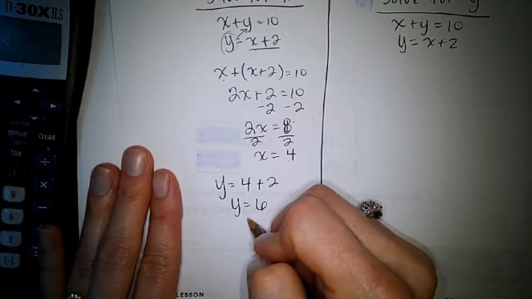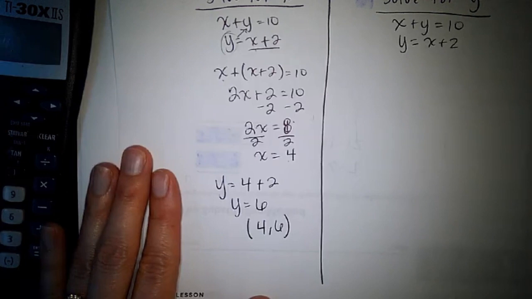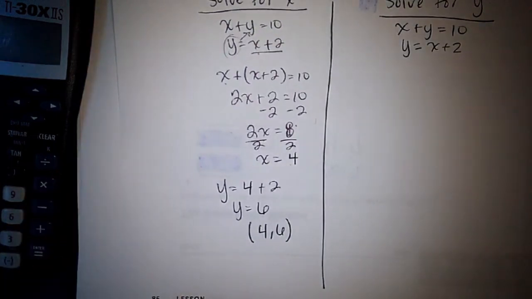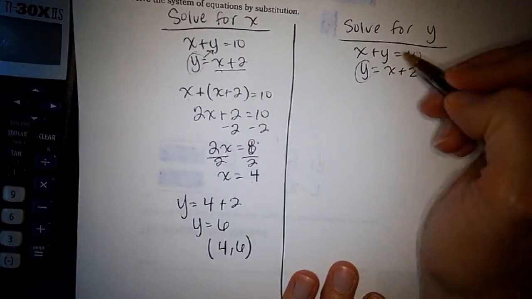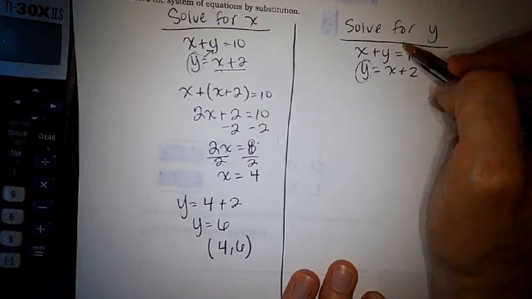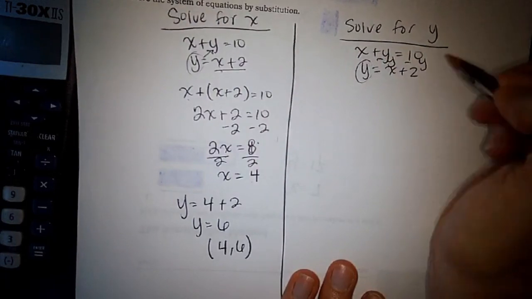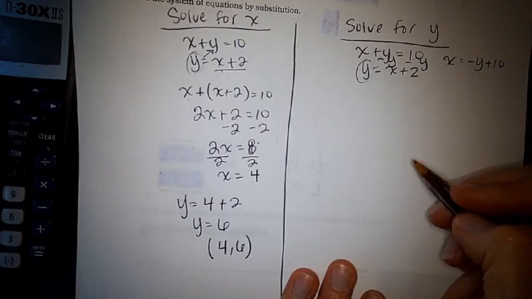Pay attention. So if the value of y, we know that this is here, but that means we have to plug in for x. So I have to subtract y from this side. X equals negative y plus 10. So that means that we need to plug in for x. So x equals all of this stuff.